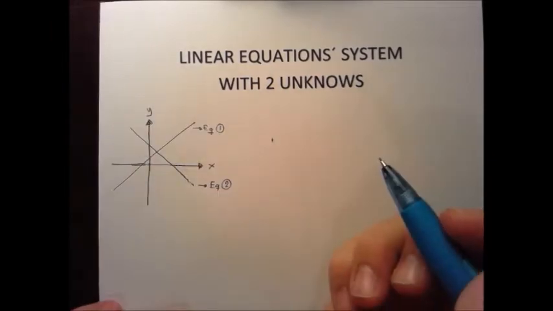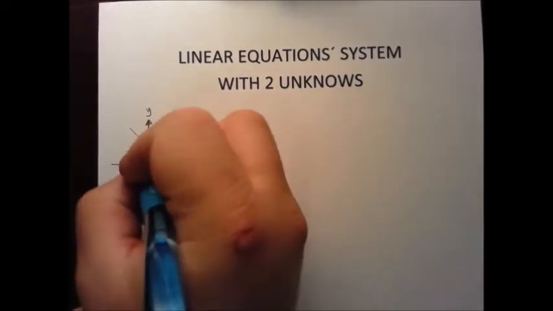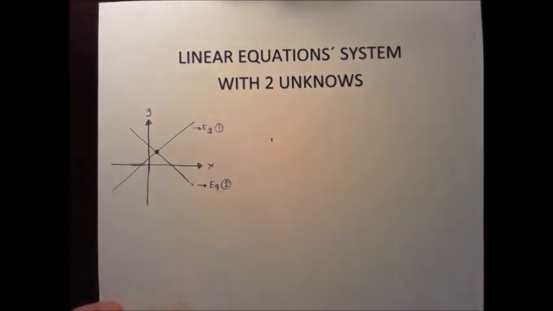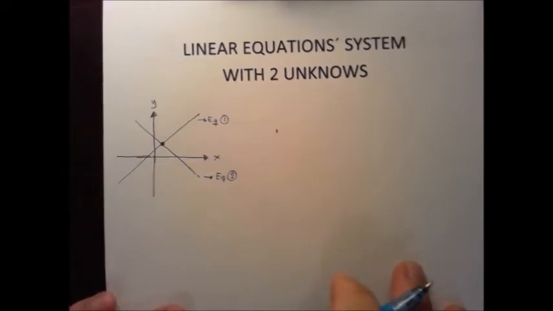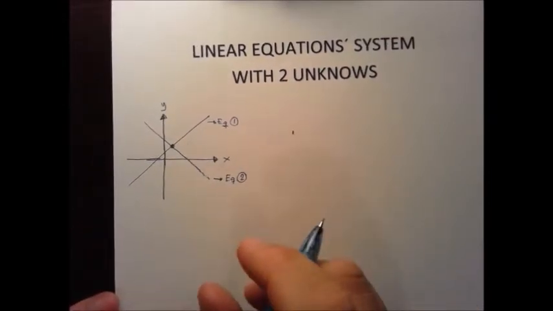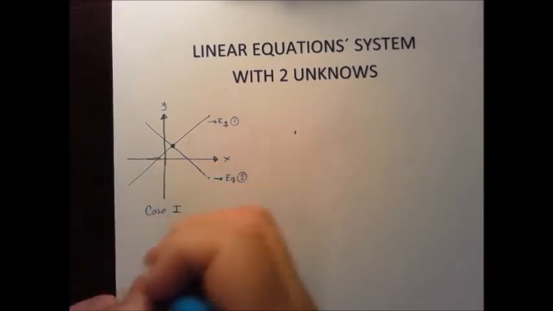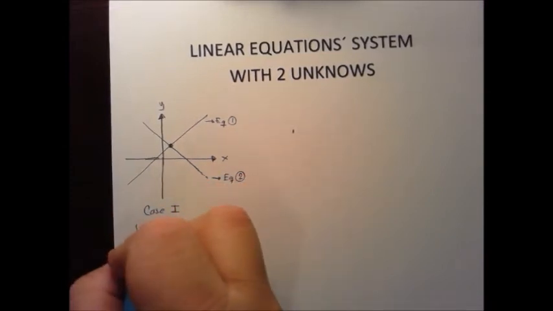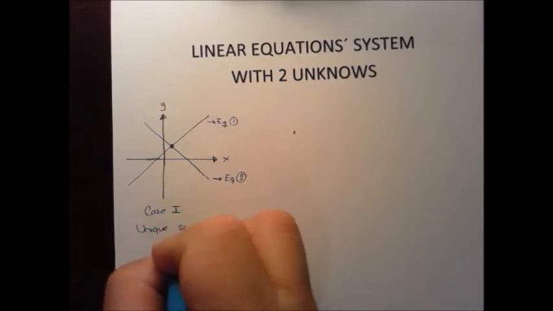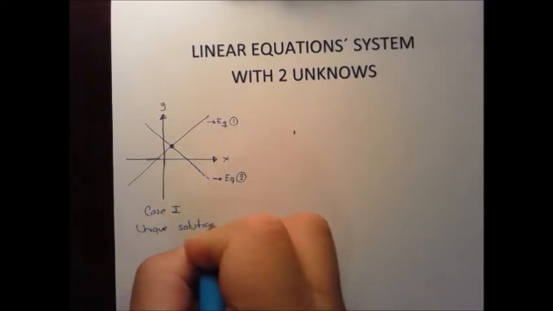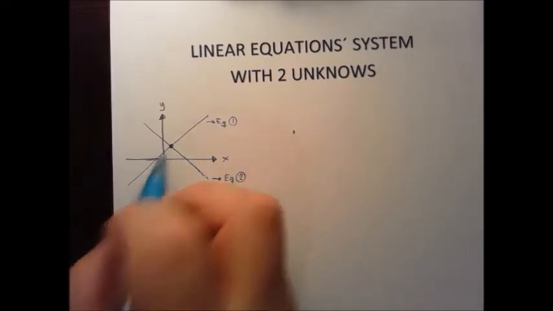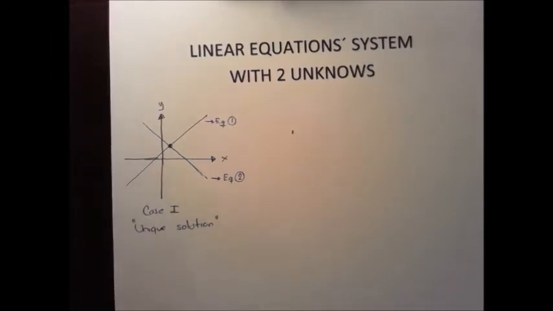What happened over here? As you can see, we have one intersection of both equations. That intersection is called the solution. So this is case number one. We are going to have a unique solution. Why is it called a unique solution? Because we have only one point of intersection.